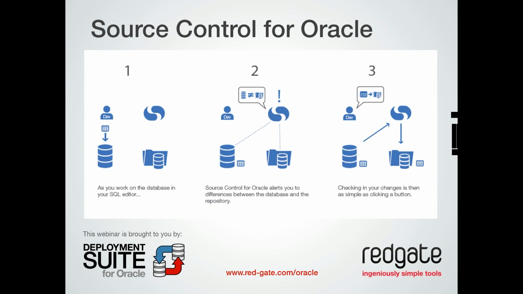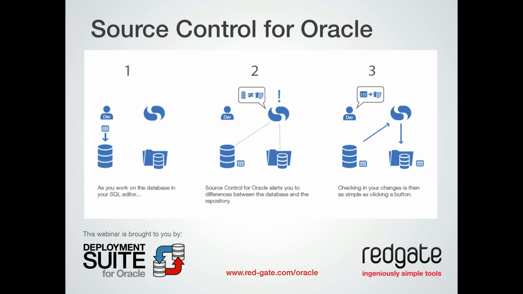But there's also the other side: as your team is checking in changes to source control, it would be good to be notified of when things are going in. So what source control for Oracle does, as you work on the database just using your own editor, this is a standalone product, is monitor what the differences are between the database and the source control repository, and then notify you, as you'll see in the demonstration, that things are out of sync.